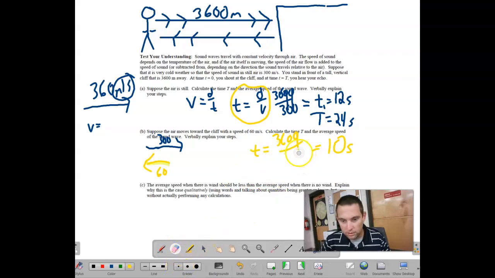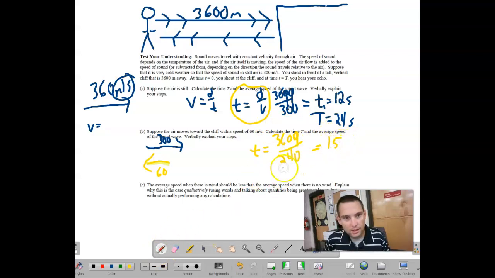The distance is still going to be the same. It's still got to travel 3,600 meters to come back, but now it's going to be 240 meters per second. So 3,600 divided by 240 gives us 15. So T2 for the way back is 15 seconds.